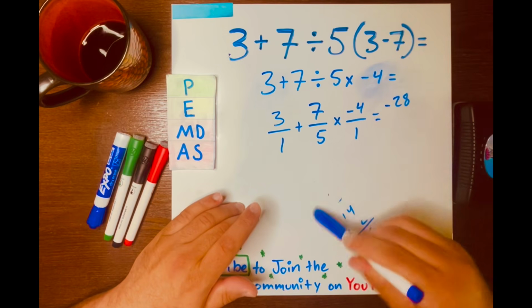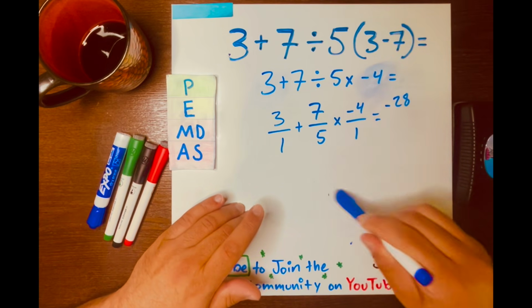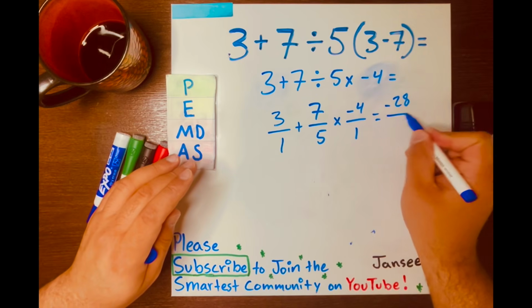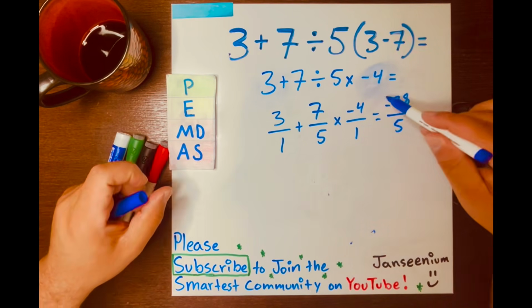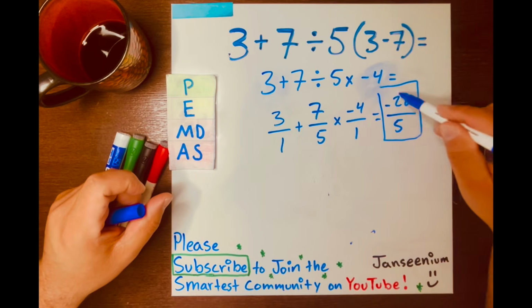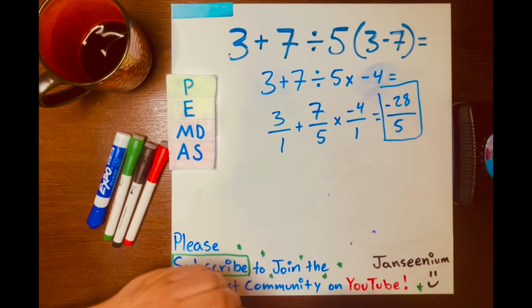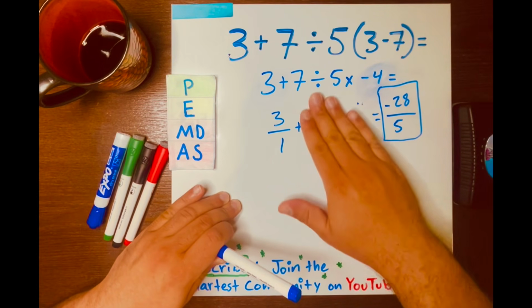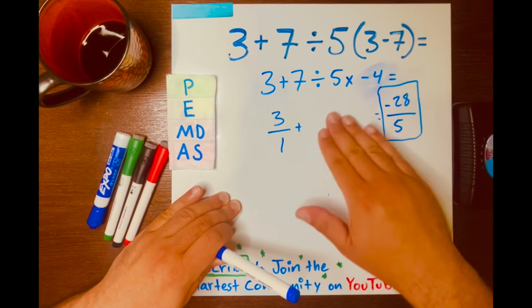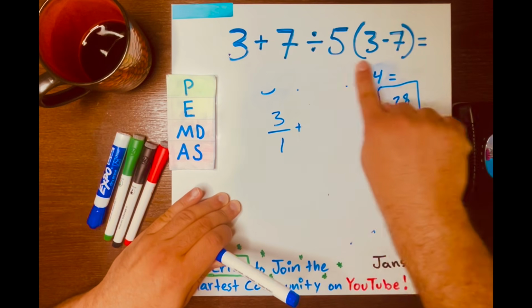And then what is 5 times 1? So we write 5 times 1 is 5. And this cannot be broken down further. Negative 28 over 5. And now I'll erase this part we don't need, and we can erase this part as well.